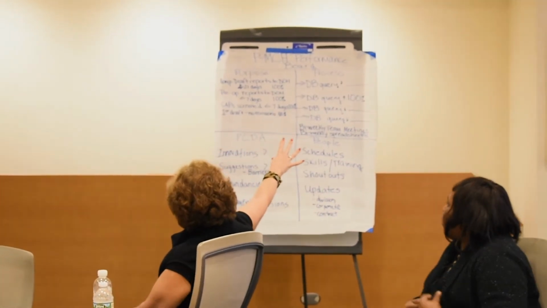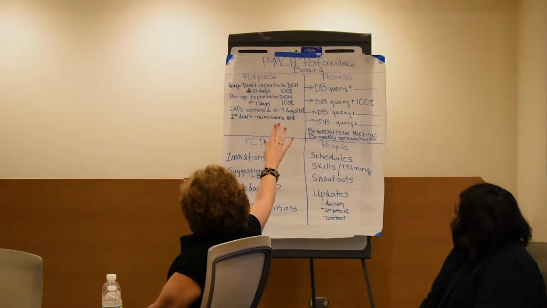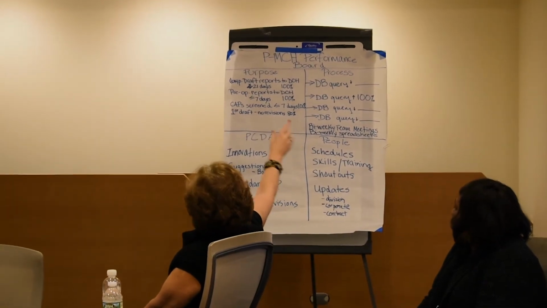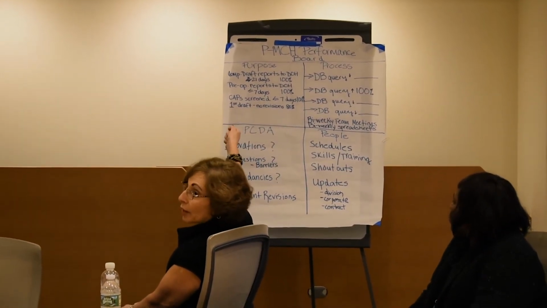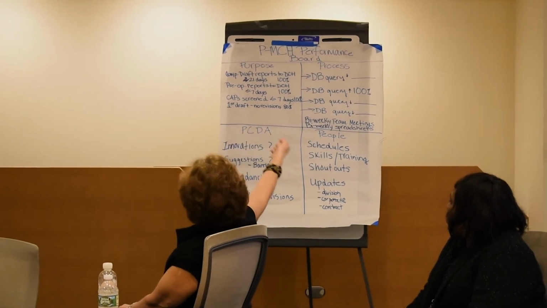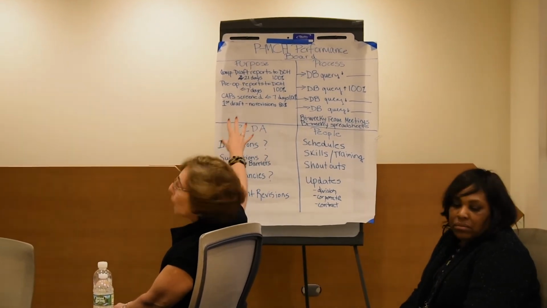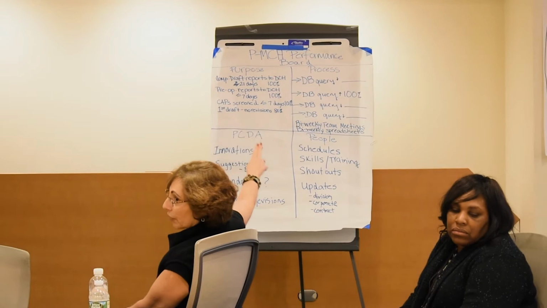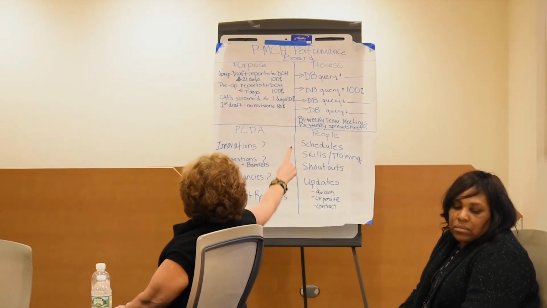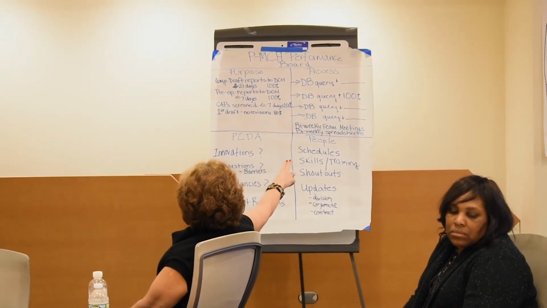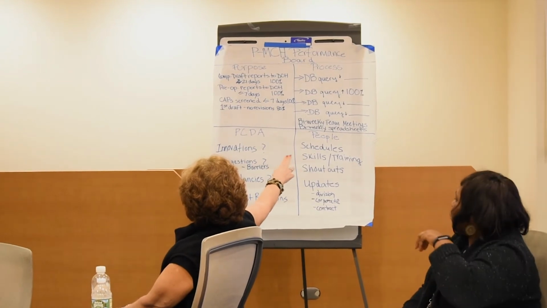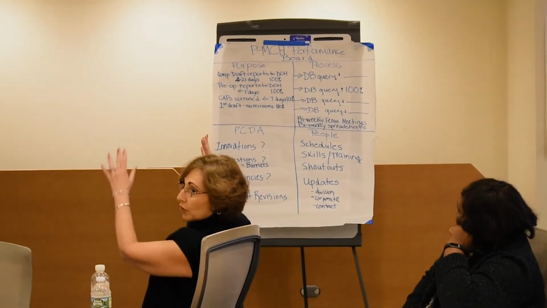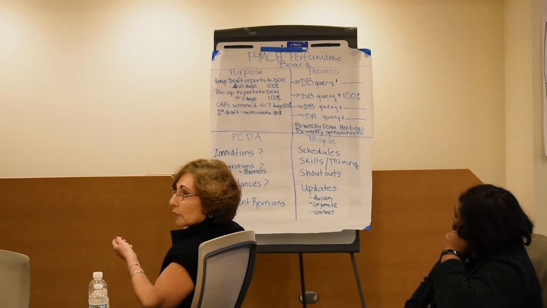And then in process, I have a description of how we are going to measure that. Within our database, we have fields that would capture the data for all of those. I also wrote that we use bi-weekly team meetings and bi-weekly spreadsheets as other places where we can pull data.